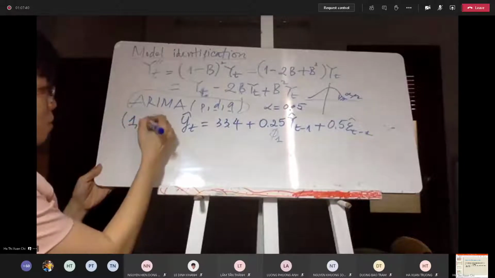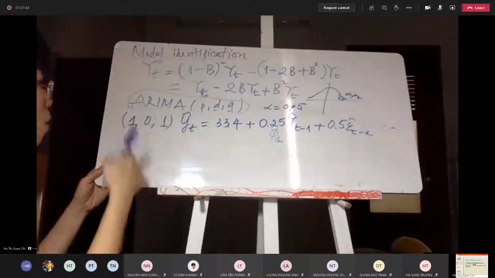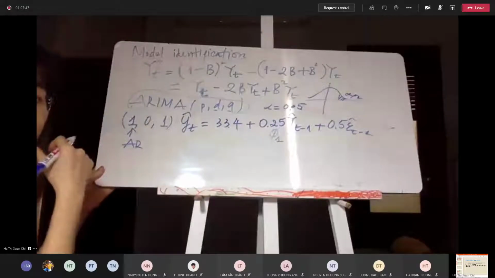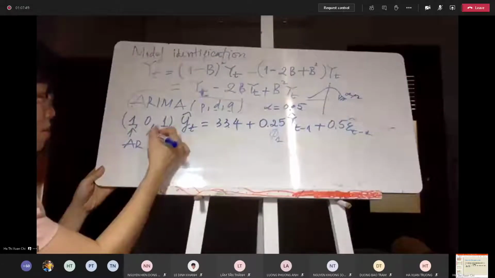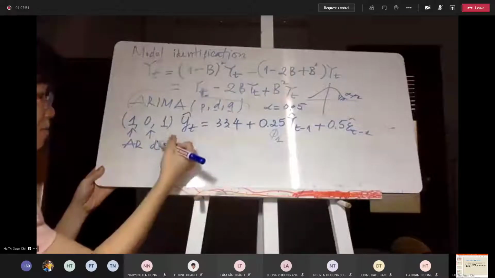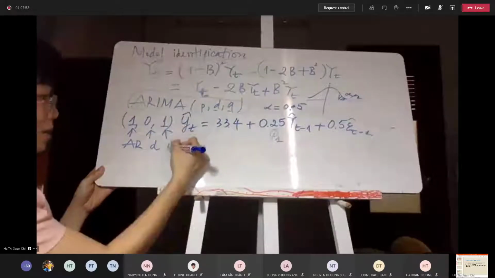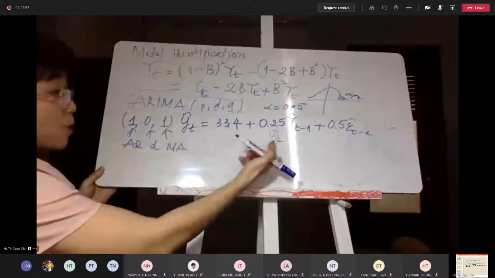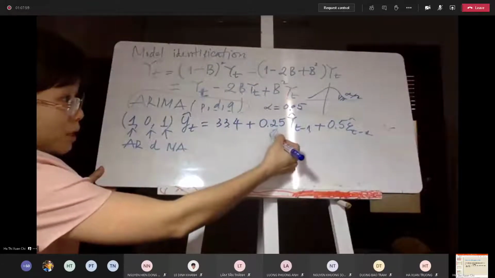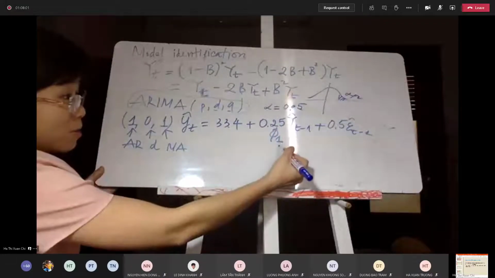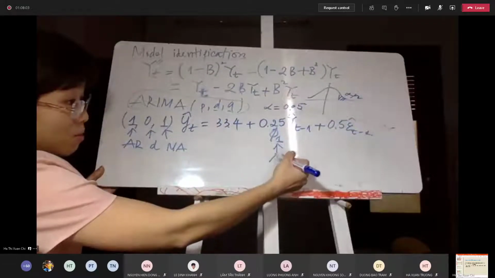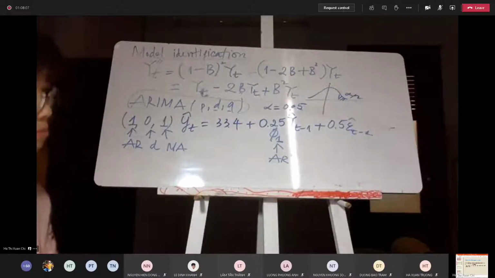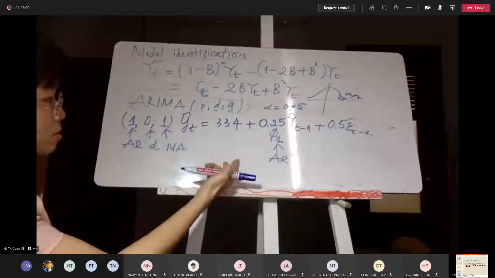1, 0, 1. The first 1 here represents AR, here represents D, the difference, and here represents MA. But right now, we drop phi1, the original from the autoregression, right?